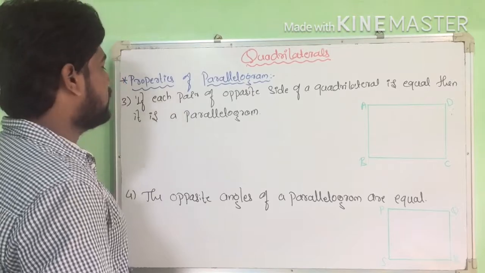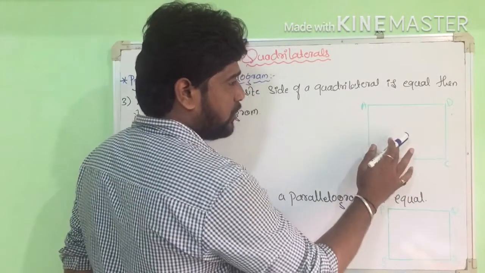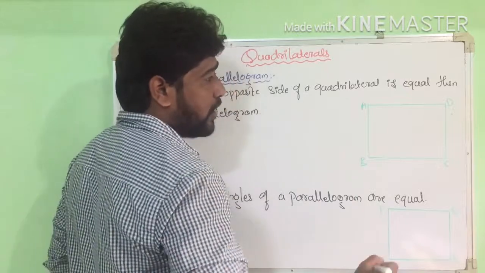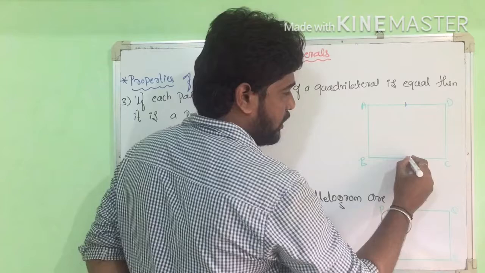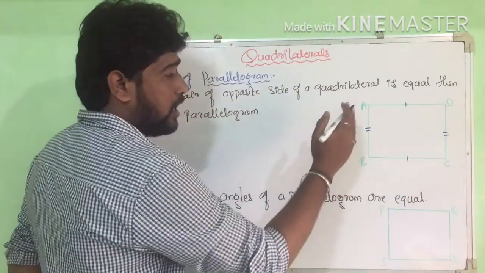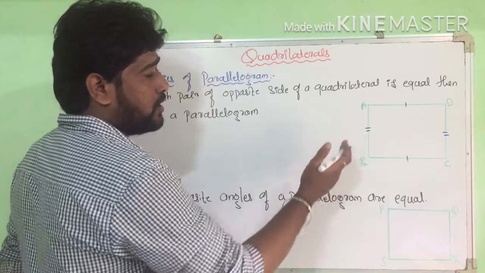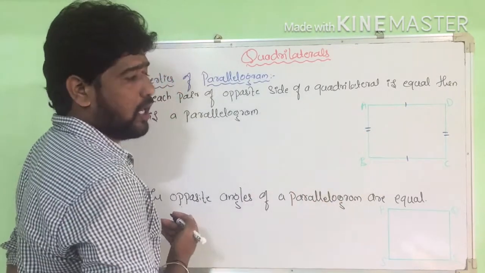are equal, then it is a parallelogram. So here ABCD is a quadrilateral. In that quadrilateral, each pair of opposite sides are equal, meaning these two are equal and these two are equal. Then, since the opposite sides are equal, quadrilateral ABCD is a parallelogram.